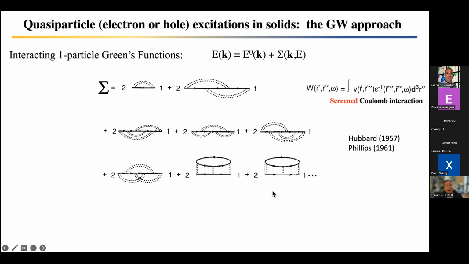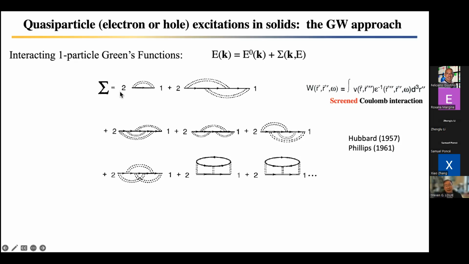So within the Green's function approach, the self-energy can be calculated through many-body perturbation theory in a Feynman diagram expansion of increasing order involving the appropriate interaction. Here we're going to look at the electron-electron interaction.